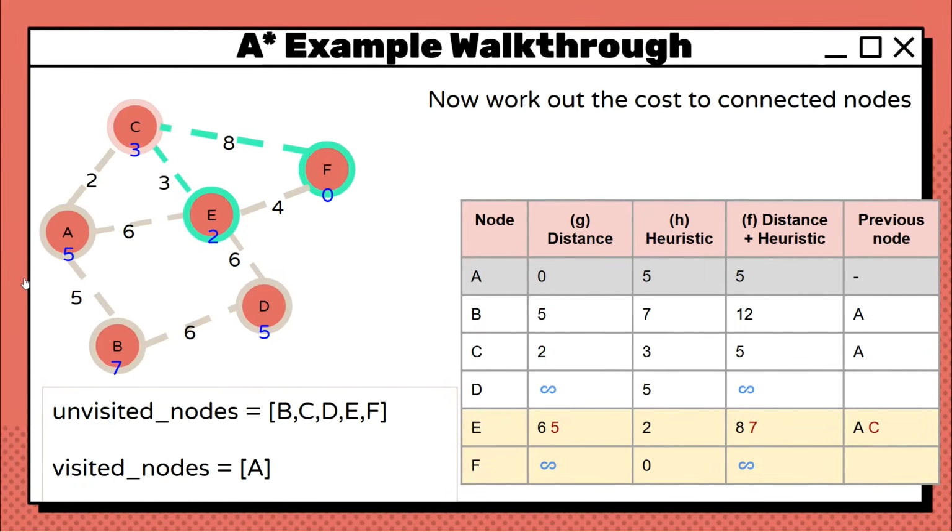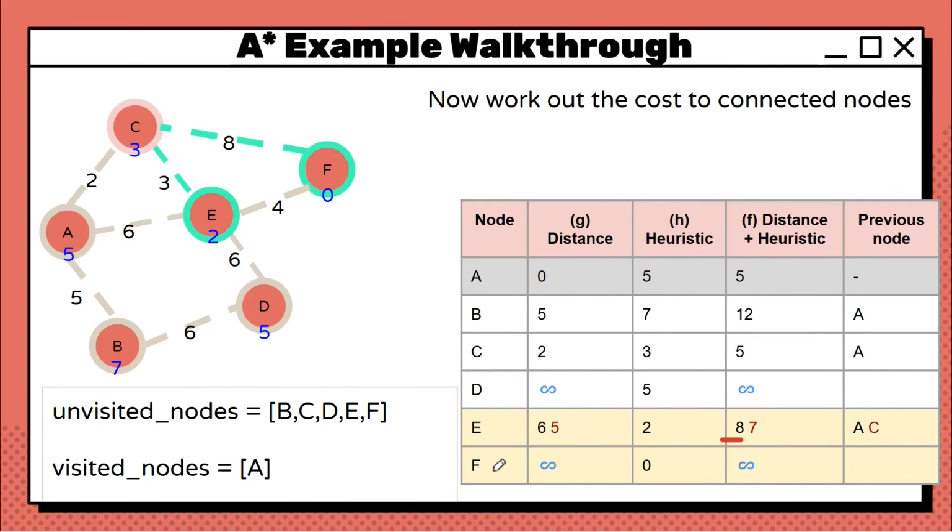So again, we're going to repeat the process of working out cost of visiting the unvisited connected nodes. In this case, it's E and F. The cost of traveling from C to E is going to be 2 plus 3 plus the heuristic value, which is 7. This is lower than the current value of 8, which is what we had in our table.